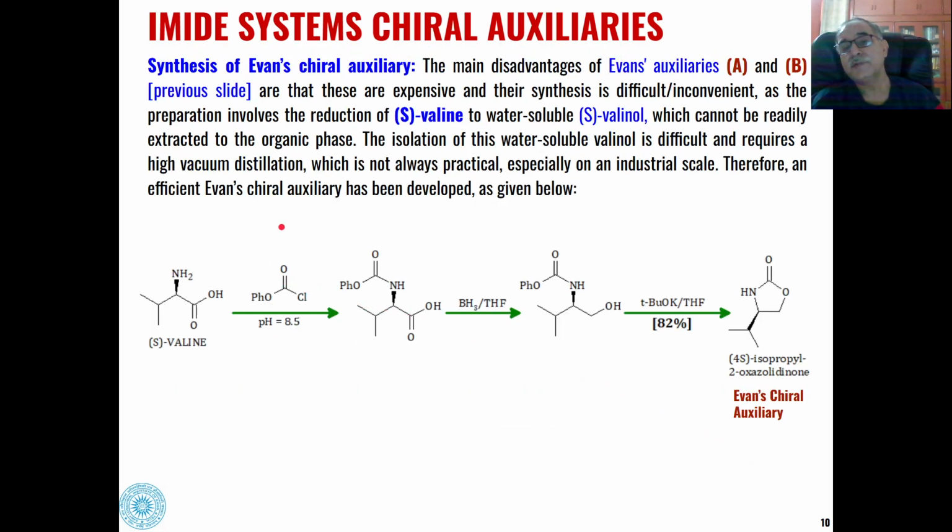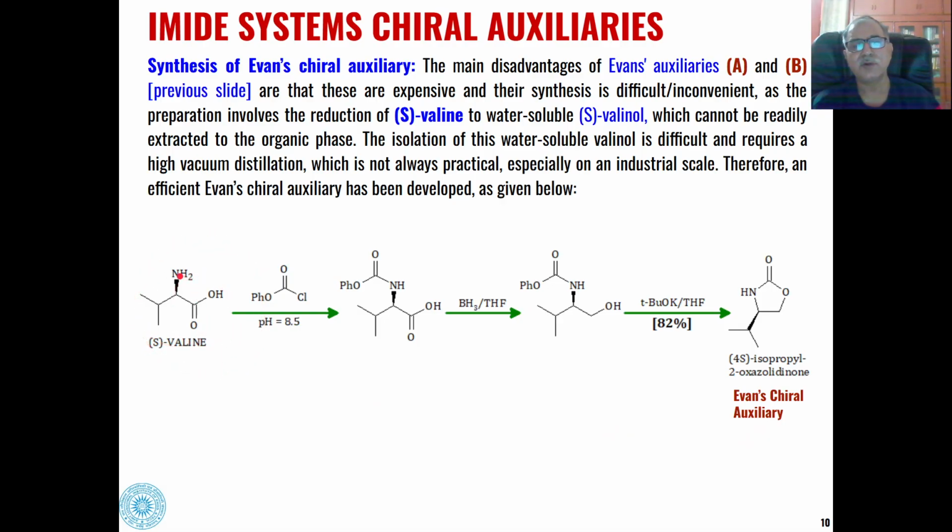Then you have seen that the chiral auxiliary which we have used in the previous method is very expensive and its synthesis is very difficult. So for that purpose, this chiral auxiliary has been modified. The chiral auxiliary has been synthesized by Evans from amino acid.